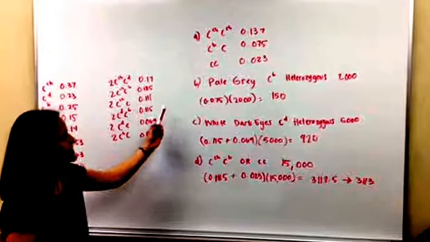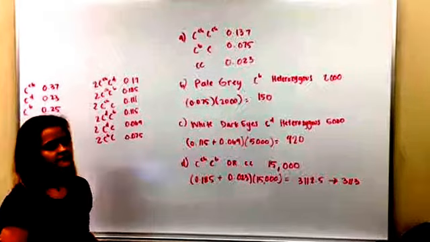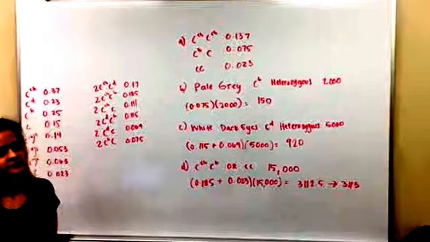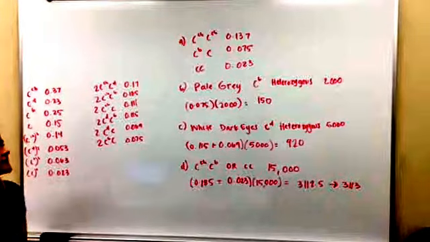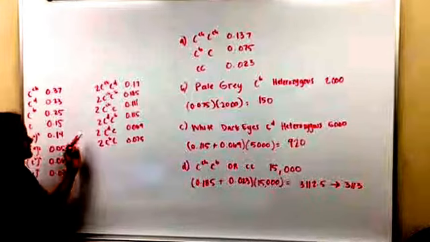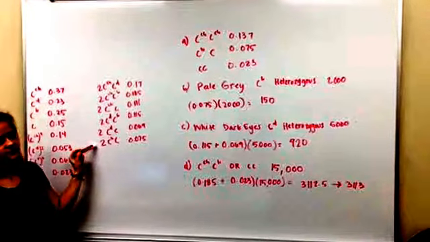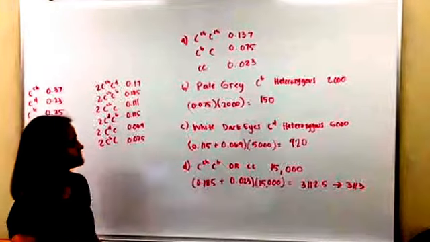For B, we're looking for a pale gray coat, which is the C^B, and it needs to be heterozygous, and there's a population of 2,000. The only heterozygous that makes a pale gray coat is this one here. So you take that and multiply it by the population of 2,000, and you get 150.